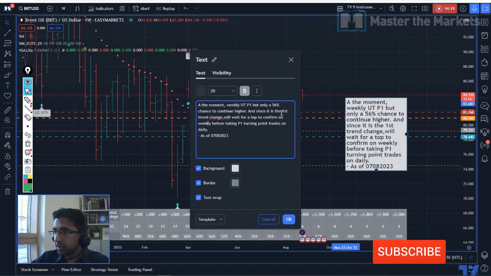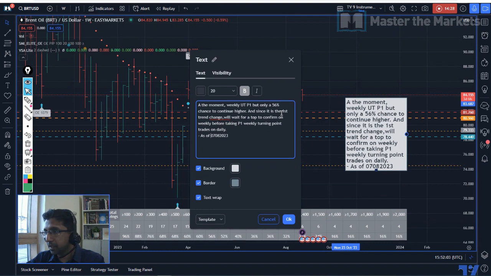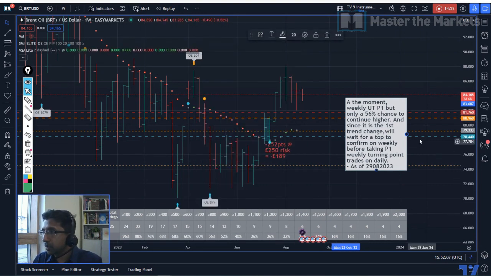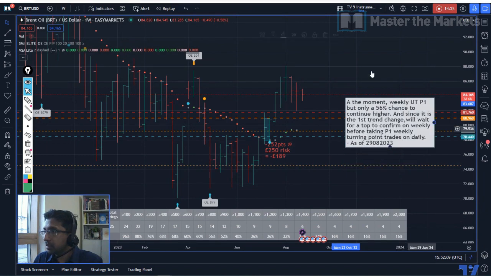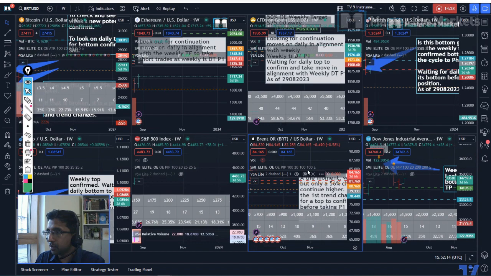Okay, traders, before taking P1 weekly turning point trades on daily as of the change in August, that's all we are looking at the moment. Okay, so we'll wait for that and we'll see how that carries on.